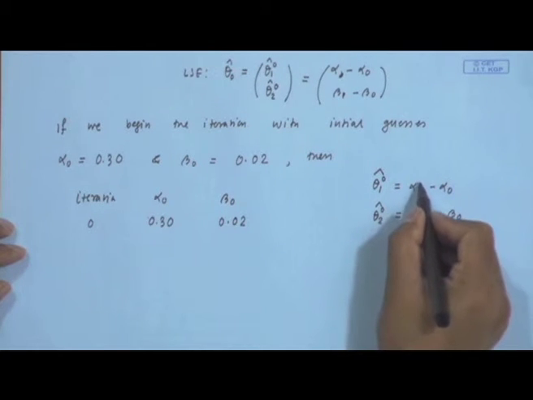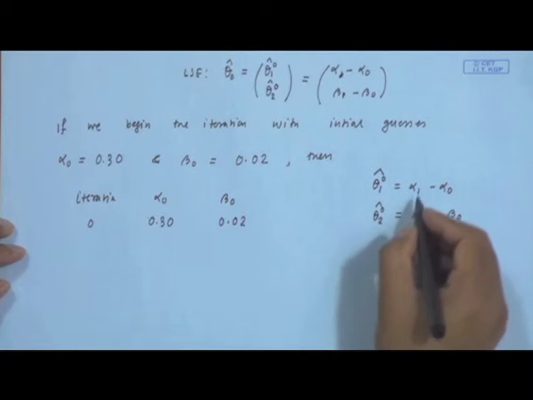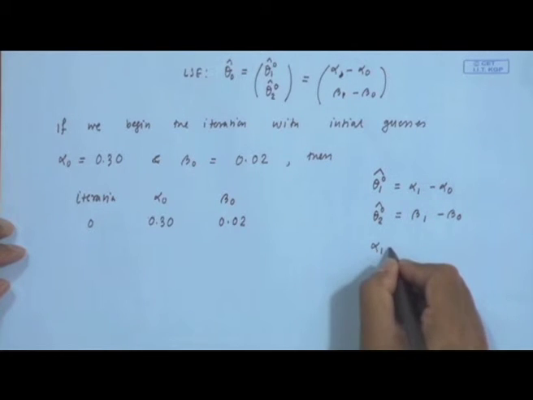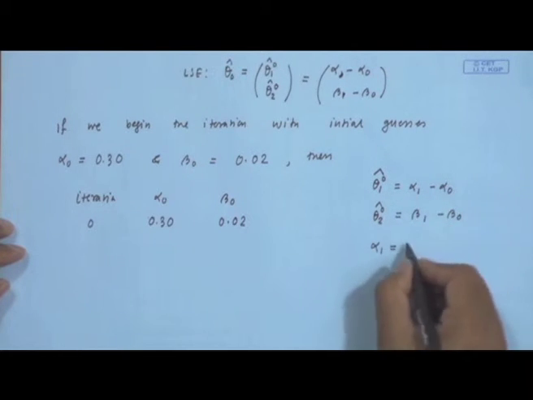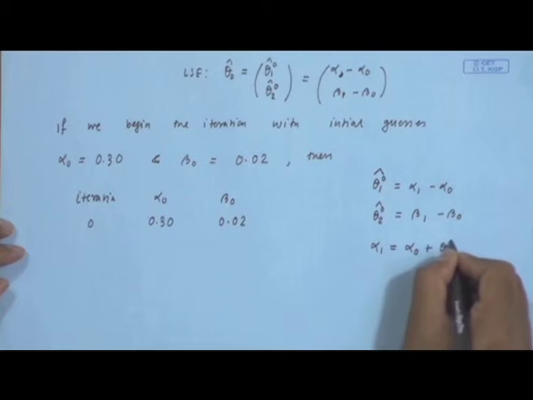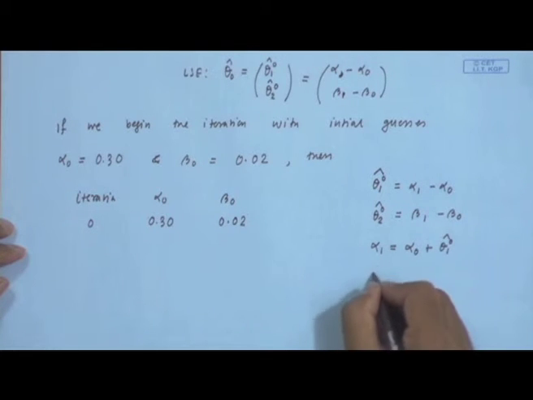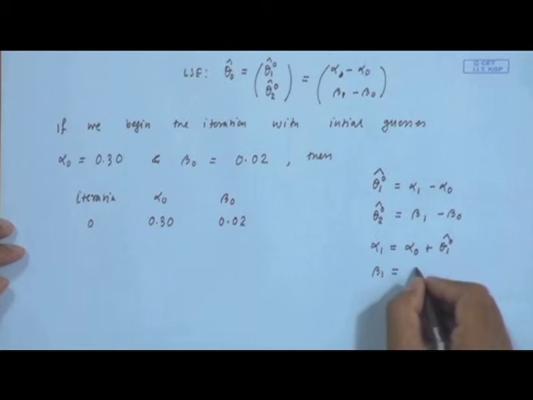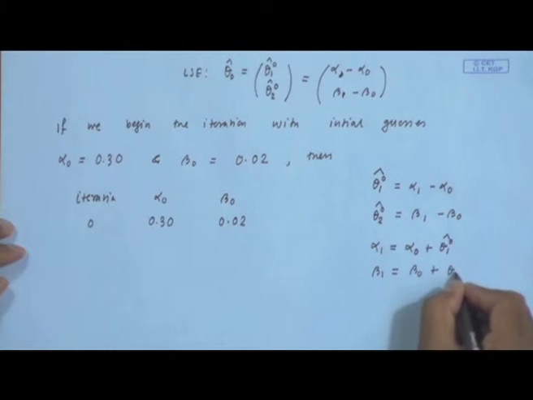But what we do is that we consider this alpha 1 as the improvement of alpha. Now, alpha 1 is alpha naught plus theta 1 naught hat, and beta 1 is equal to beta naught plus theta 2 naught hat.